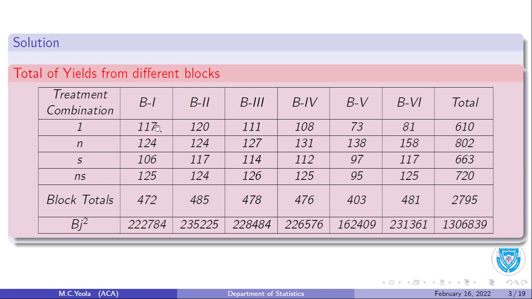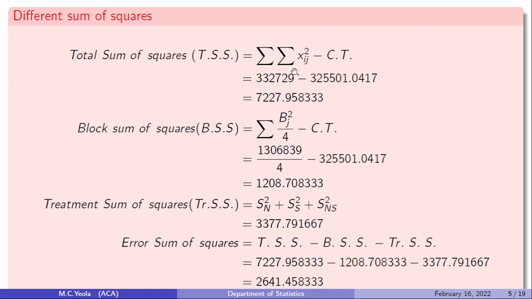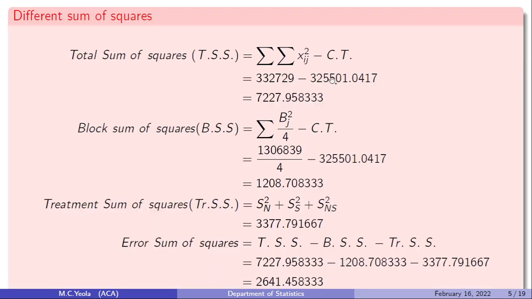So how to get this double summation xij square? Square this value plus square this value plus square this value, total all these 24 values, square each and every value and take its addition, that is the double summation xij square here, and that value is this value here, and minus correction term that we are having here in the previous table, that is this value here, or correction factor CF we are having, that we have substituted here.